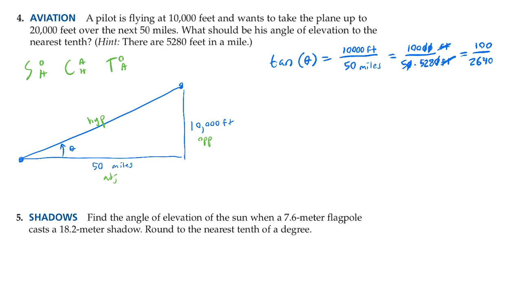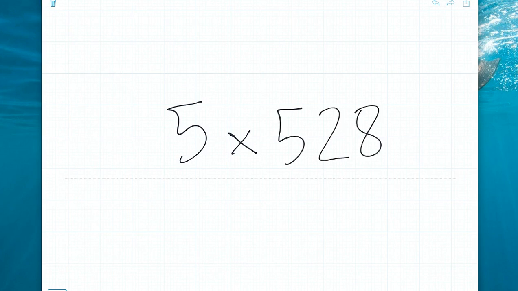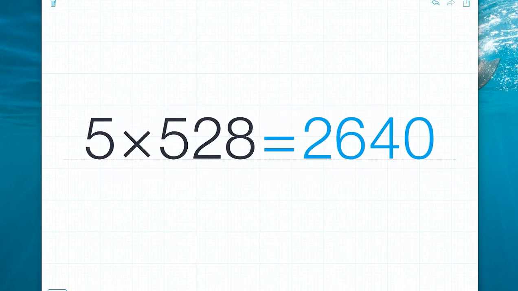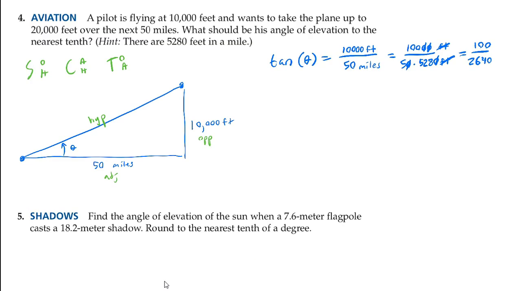Let's just do this. Ready? Watch this. 5 times 528. We're going to use the app here. 2640. Nice. Okay, let's get back over there. So we have 10, so that cancels. So we have 10 over 264.